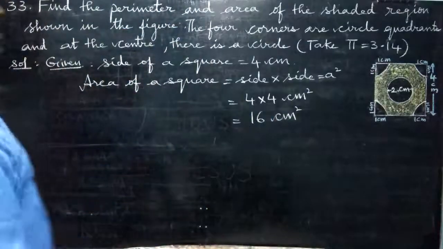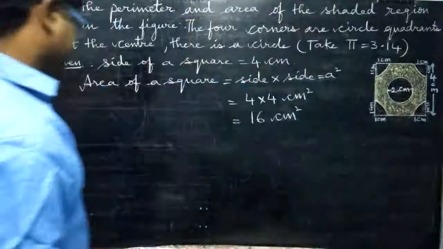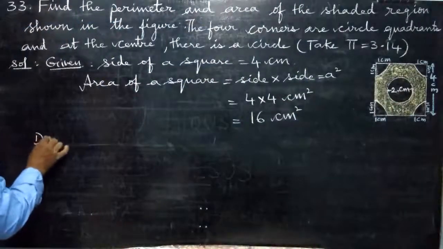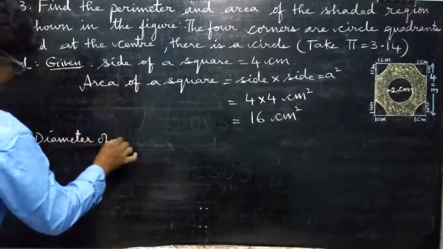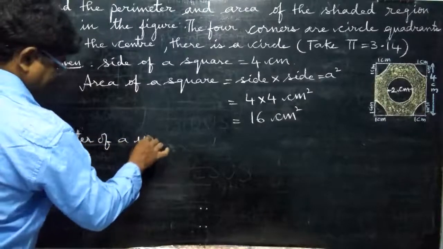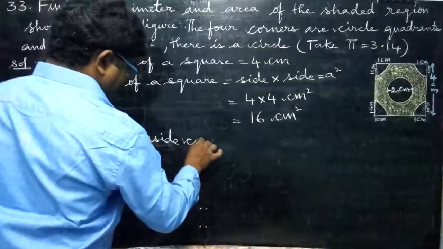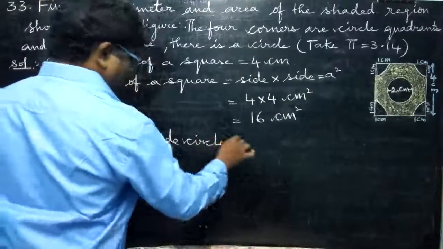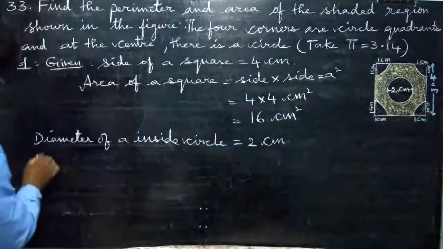Now inside this square there is a small circle. The diameter of the inside circle is given as 2 centimeters. Now find the radius of the inside circle.